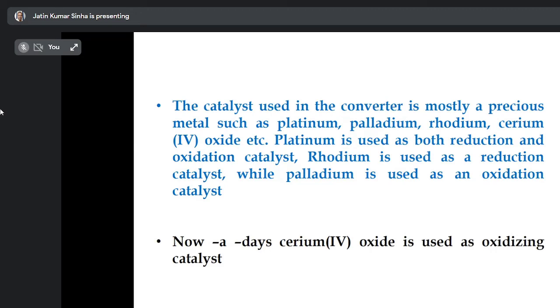So you don't need a bulk of platinum or palladium. Research is also happening in that direction, and new materials are being developed to find ways to use as a catalyst for this kind of system.